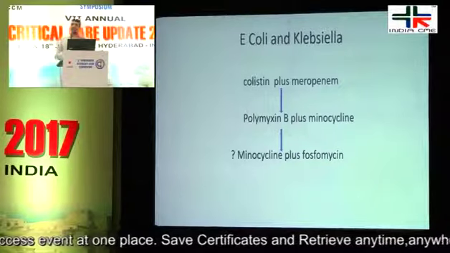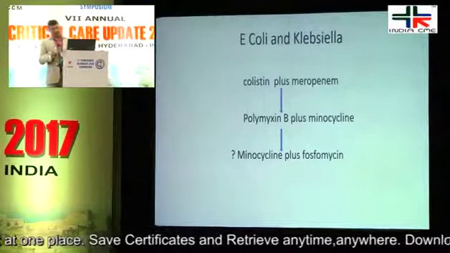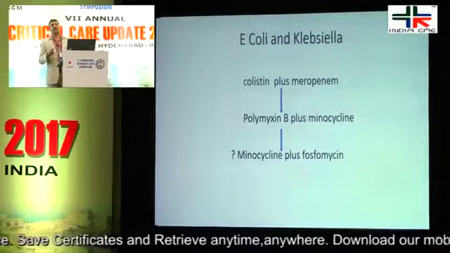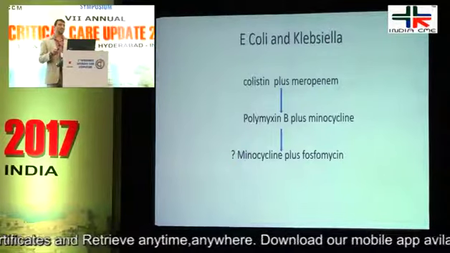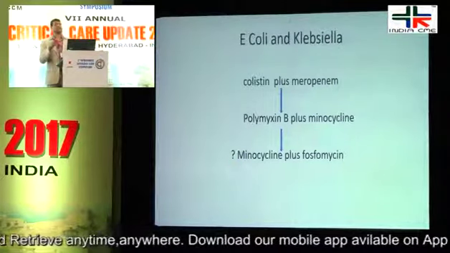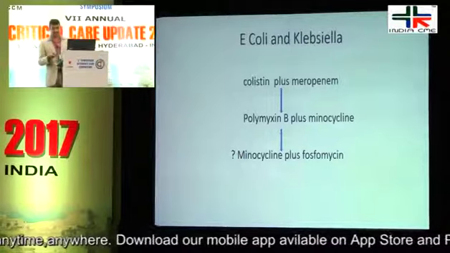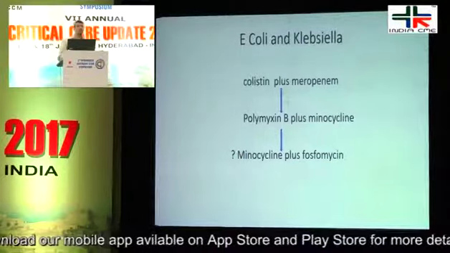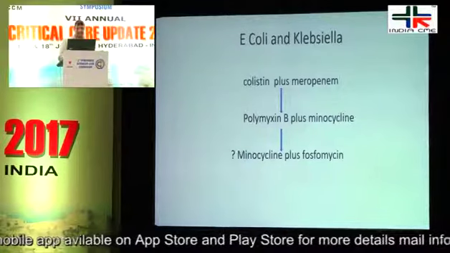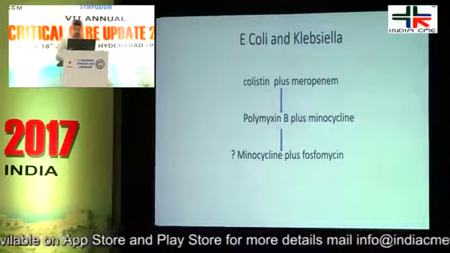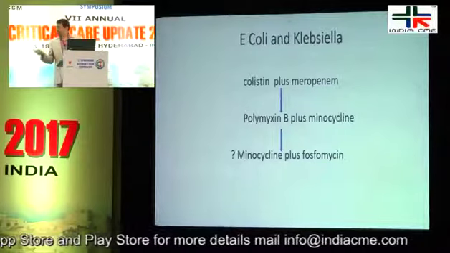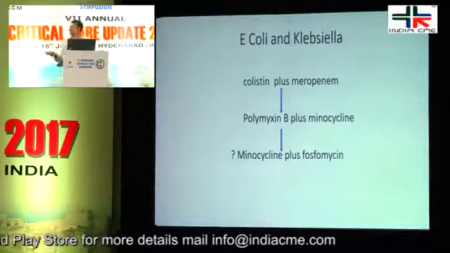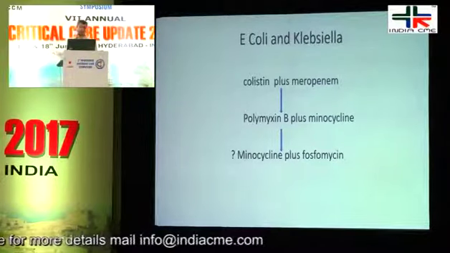The problem here is that when we also analyzed the data, we were seeing a lot of carbapenem resistant, colistin resistant strains in our ICU, especially Klebsiella. And we were also thinking about what possible strategies we can have to spare colistin. So at present we are contemplating whether we can use minocycline with fosfomycin.